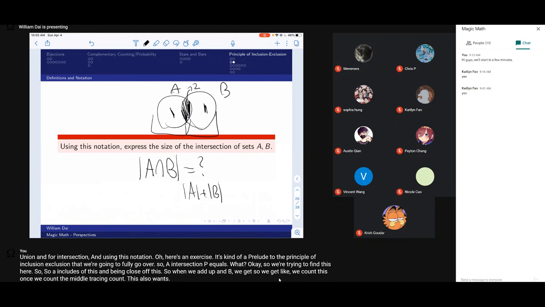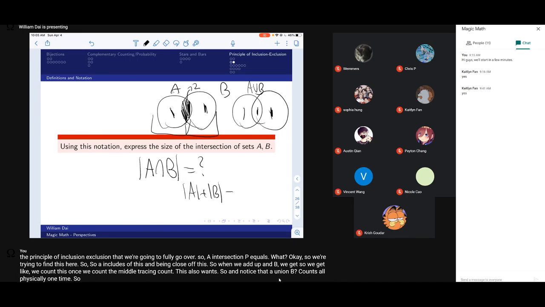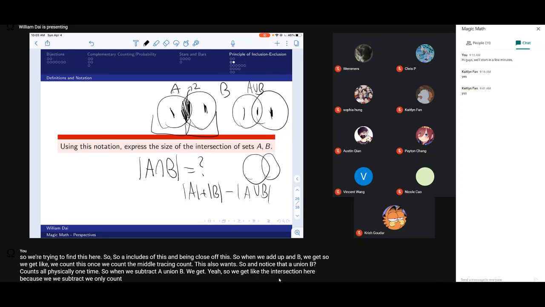Notice that A union B counts all of this exactly one time. So when we subtract A union B, we get the intersection here, because when we subtract, we only count this once and the other stuff 0 times.